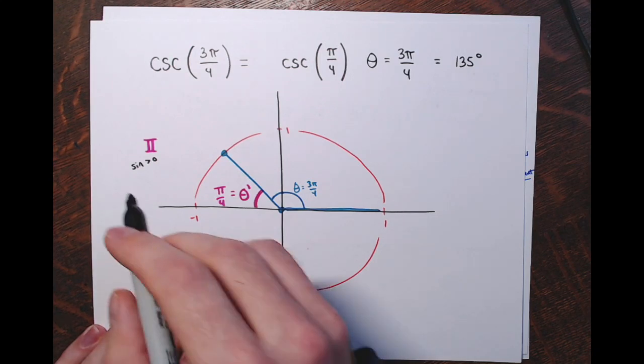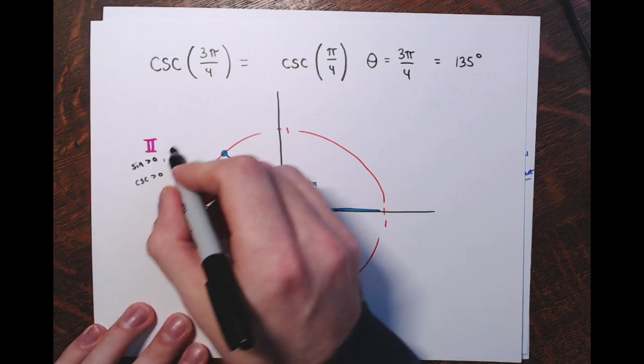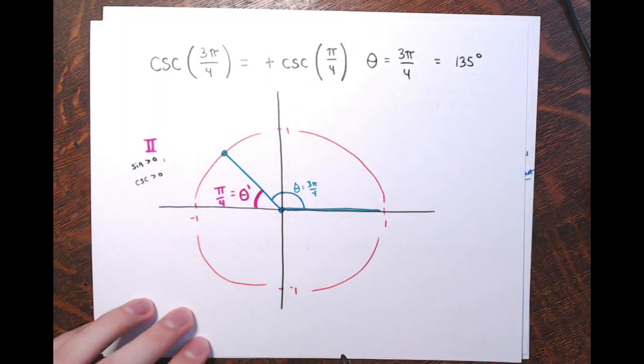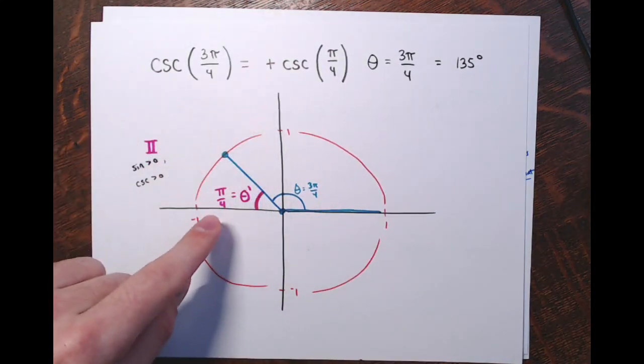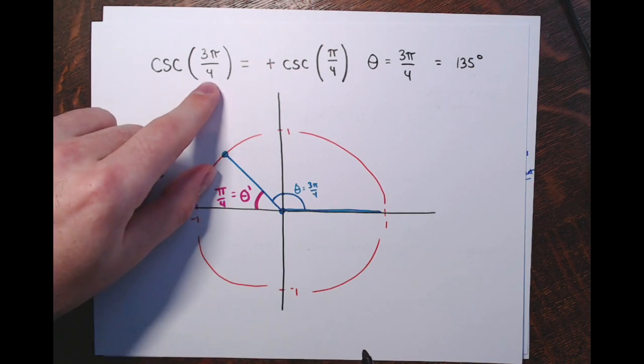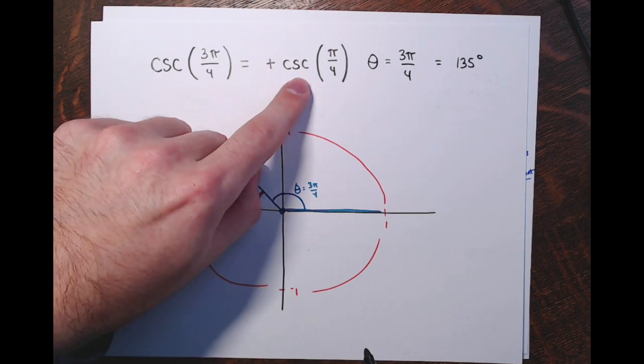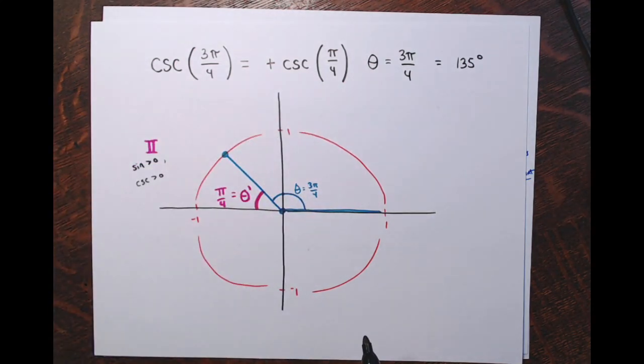And if the sine is positive, then its reciprocal, the cosecant, will also be positive, because this angle ends in quadrant 2. So the cosecant of 3 pi over 4 is equal to positive the cosecant of pi over 4.